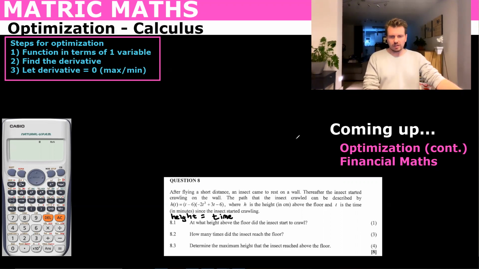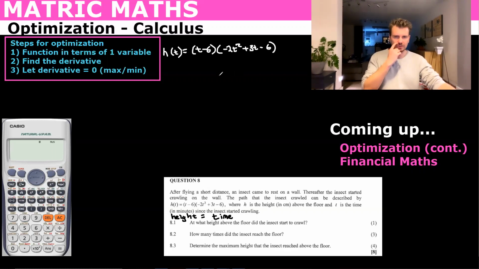Let's now look at this function. I'm going to write down this function h of t. And when we times it out, we're going to get a cubic function. I want to do this because I'd like to spend one more of these sessions looking at cubic graphs, because it's going to come up and it's not necessarily that easy.